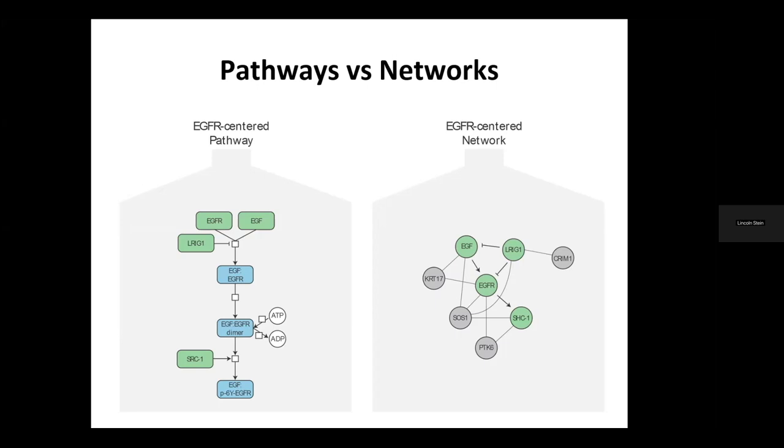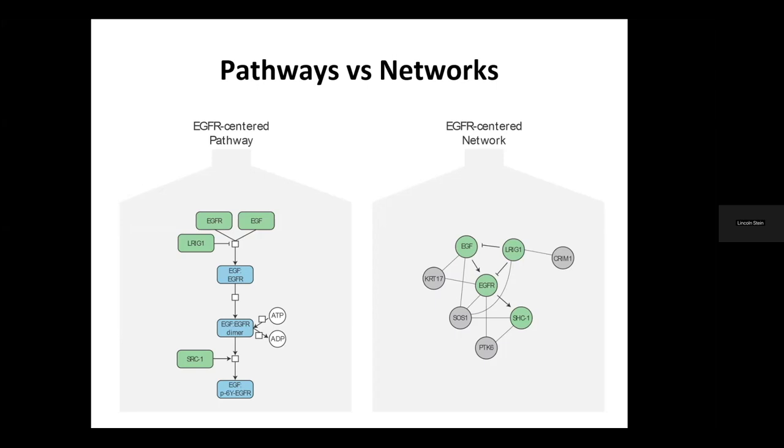Networks are a simplified view of the interactions among macromolecules in the body. They have more of a genetic view, and so here we're looking at the EGFR signaling, the first few steps of ligand binding to the receptor.